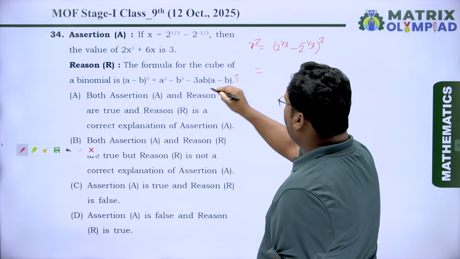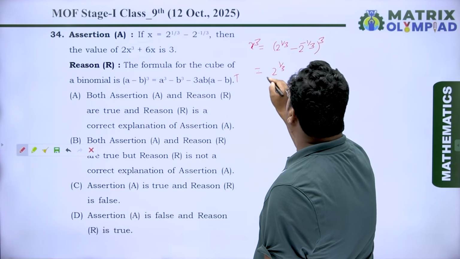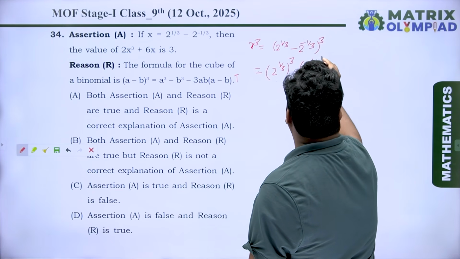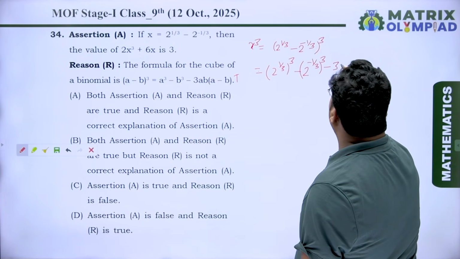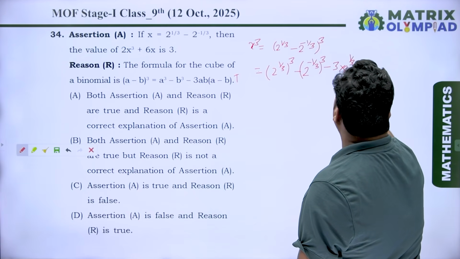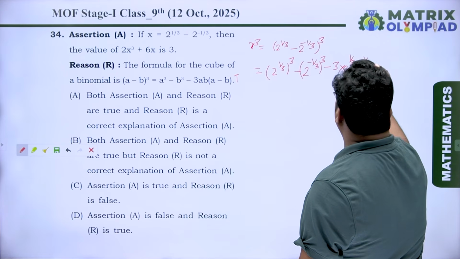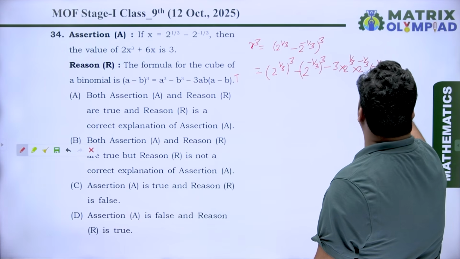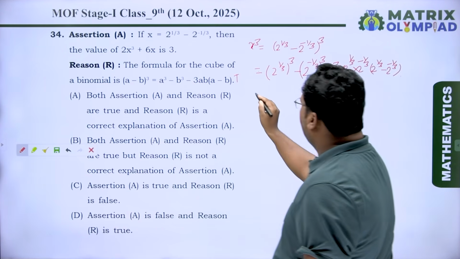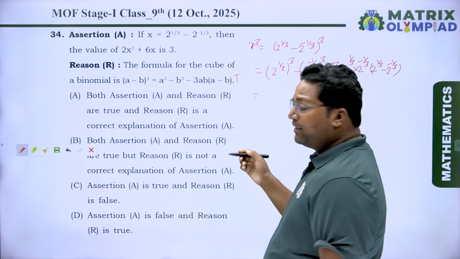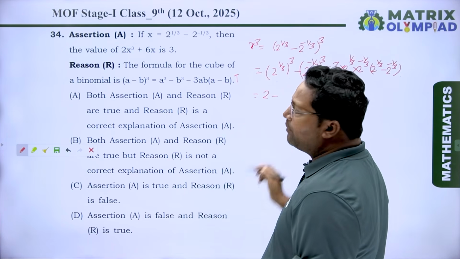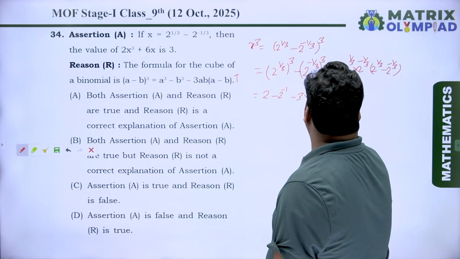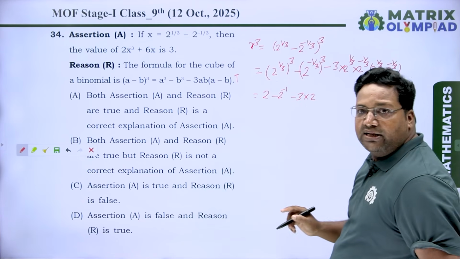So we will get a cube, so it is (2 to the power 1 by 3) whole cube minus (2 to the power minus 1 by 3) whole cube minus 3 into 2 to the power 1 by 3 into 2 to the power minus 1 by 3 into (a minus b), which is (2 to the power 1 by 3 minus 2 to the power minus 1 by 3). Here you can see 2 to the power 1 by 3 to the power 3 is 2, minus 2 to the power minus 1 by 3 to the power 3 is 2 to the power minus 1, minus 3 into 2 to the power (1 by 3 minus 1 by 3) which is 0.